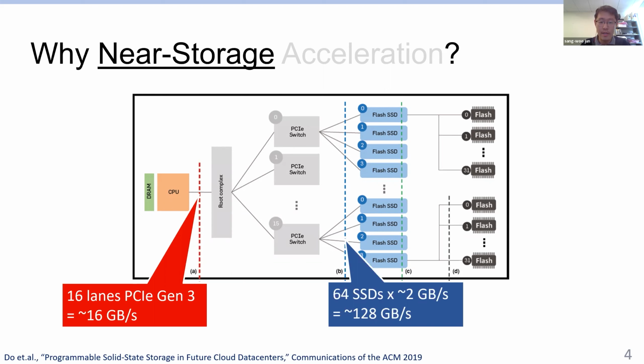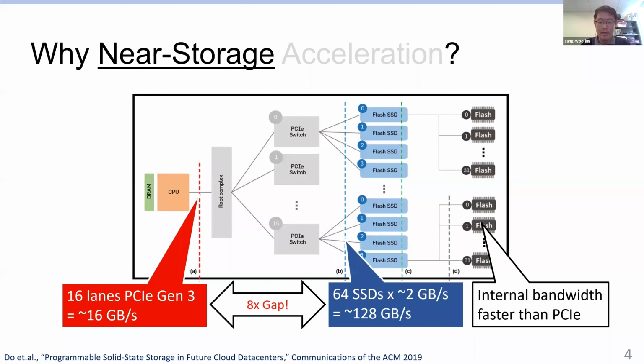If you had connected 64 PCIe SSDs onto it, each doing 2 gigabytes per second, which is not very fast by today's standards, there would already be an 8x performance gap between what the CPU can actually retrieve from the storage system and what the storage system is capable of delivering in terms of bandwidth.